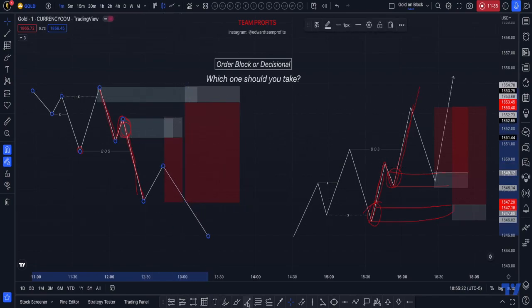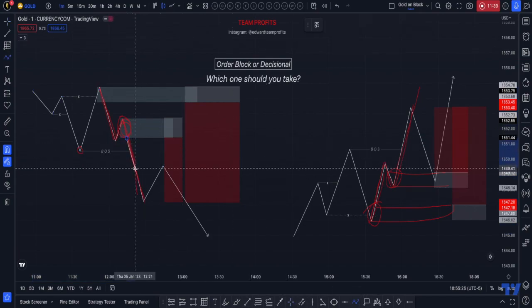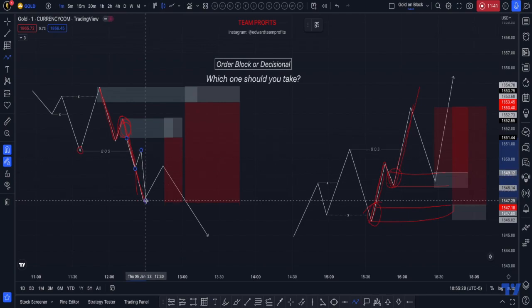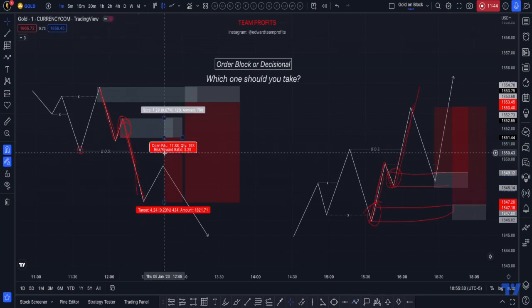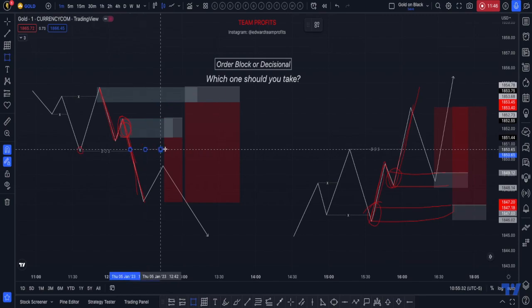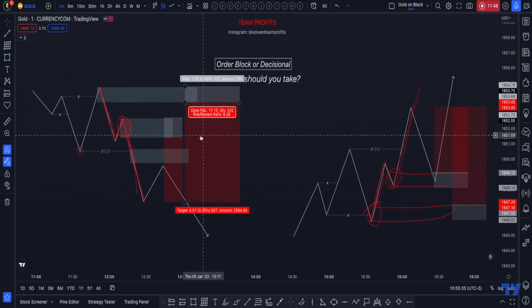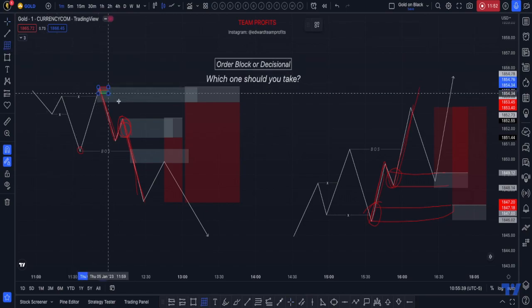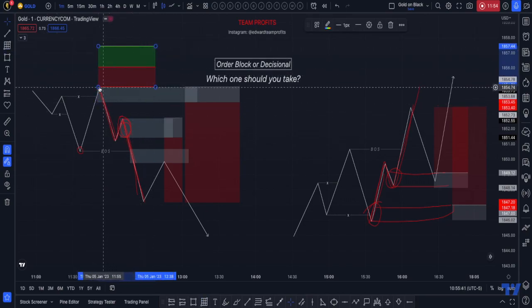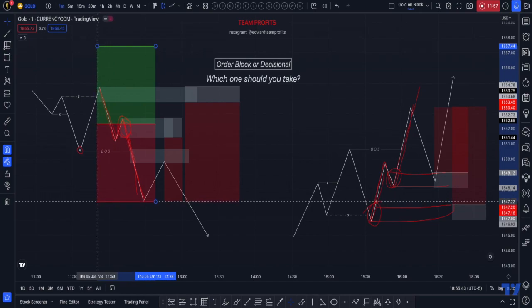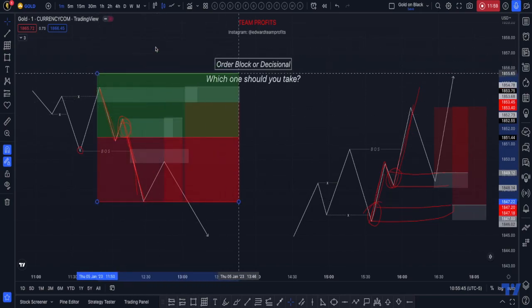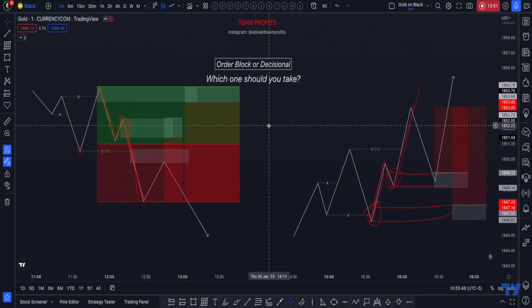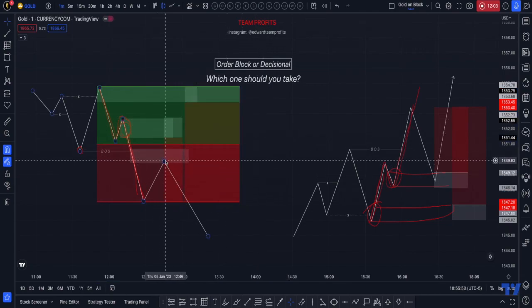Because sometimes, as I mentioned, we do have maybe another leg. The market is dropping here, pulling back, and then drops again, so maybe we'll create some other order block here. And guess what? Sometimes the market can even react in this one, and that is on the premium zone. Then you might say, but hey, Eduardo was saying that the market should not be reacting at the premium zone.